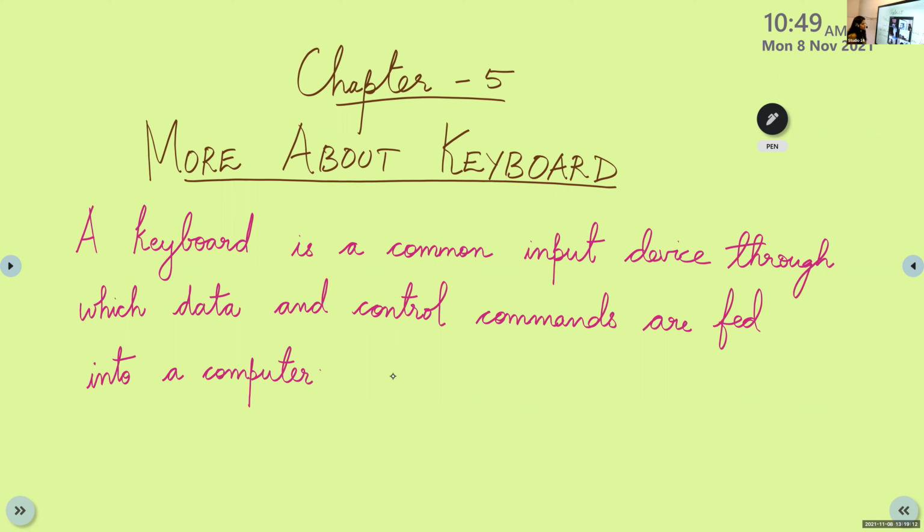Commands, C-O-M-M-A-N-D-S. Fed, F-E-D. They are fed into a computer. Right, I'm finished. Okay.